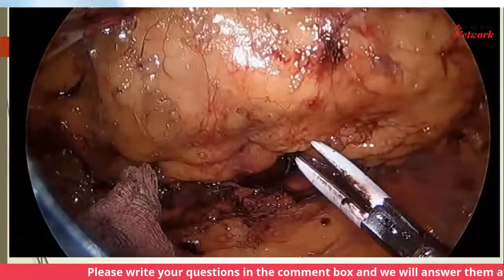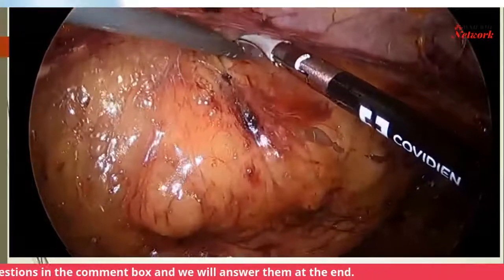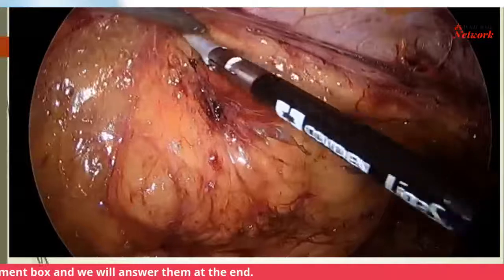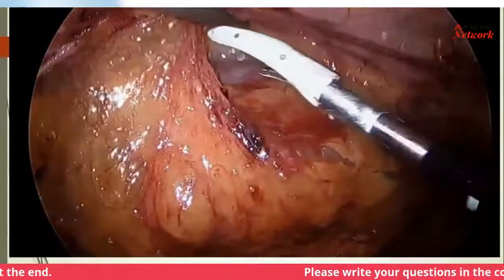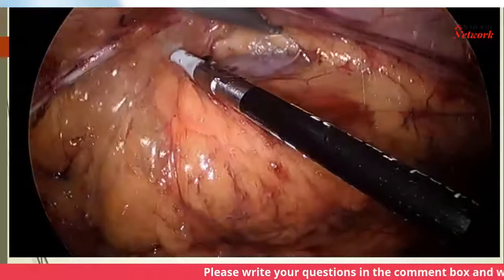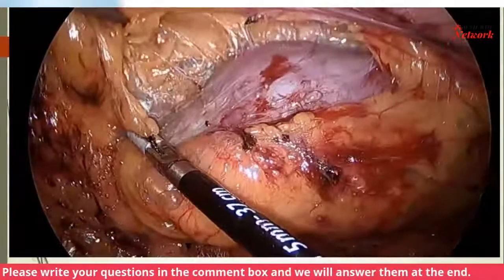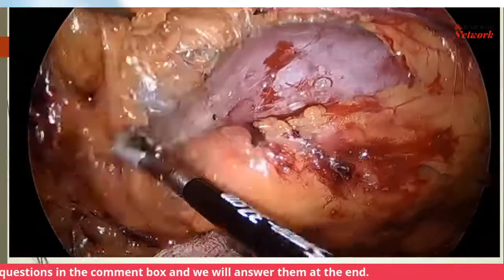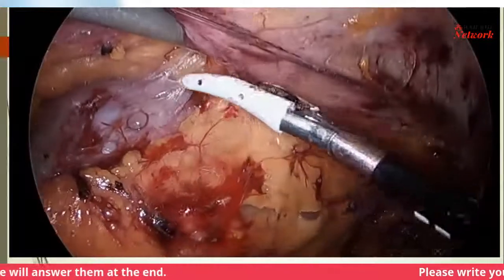Now he has to separate the kidney from everything around it that it is attached to. That fat, we call it Gerota's fat, he is going to remove the fat away from the kidney so the kidney can come away, and it's going to be separated from everything around it. As you can see, you will not see bowel, you will not see anything.